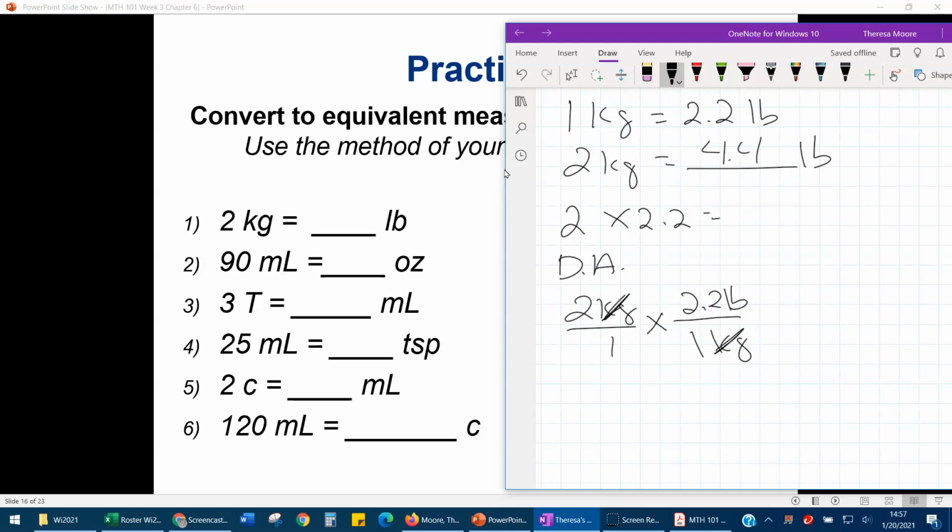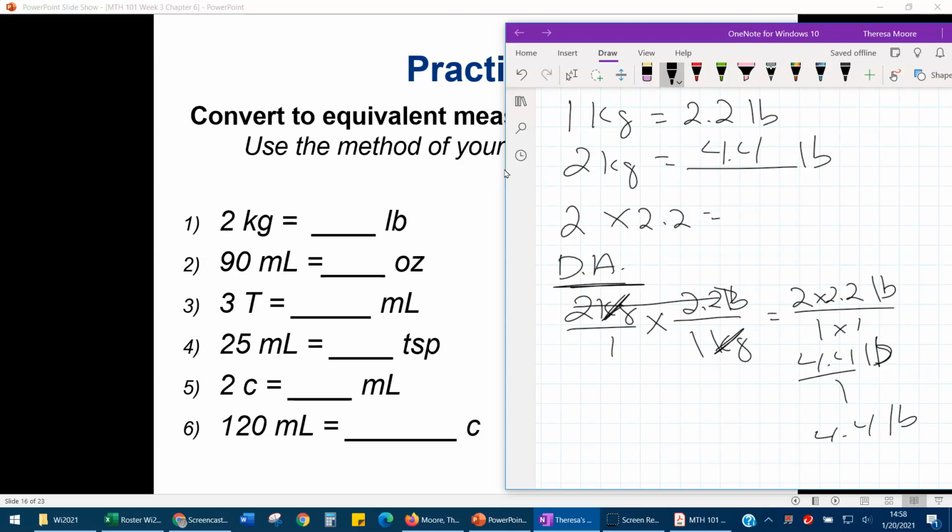So the unit or the label cancels, and when you multiply across the top, you have 2 times 2.2 pounds over 1 times 1. So that's 4.4 pounds over 1, which is just 4.4 pounds.